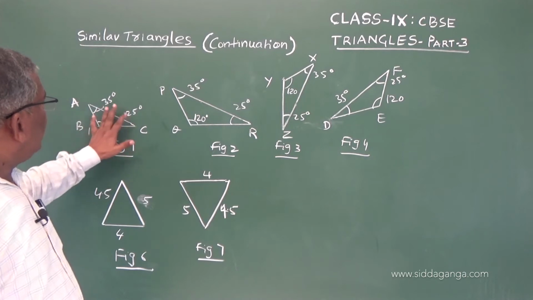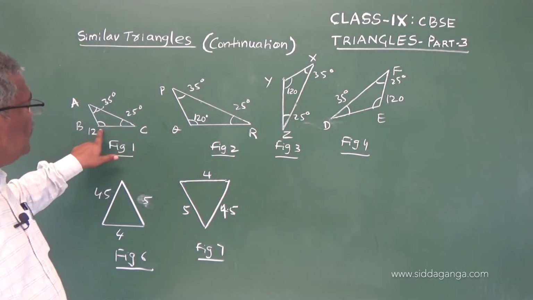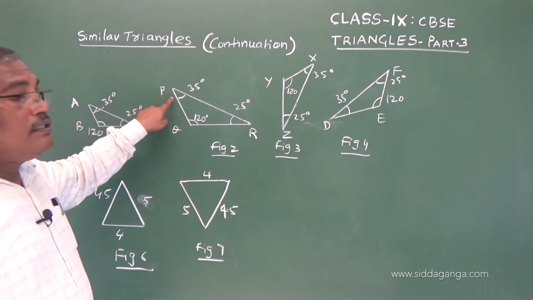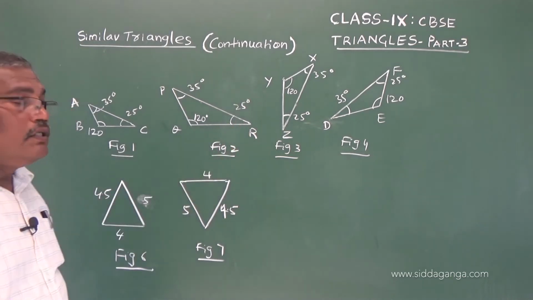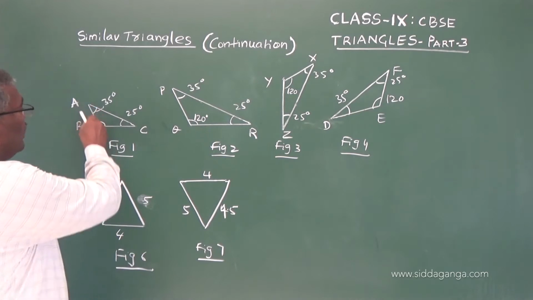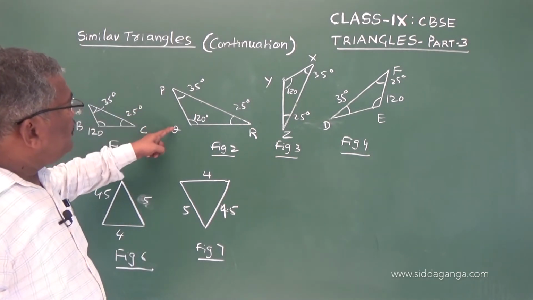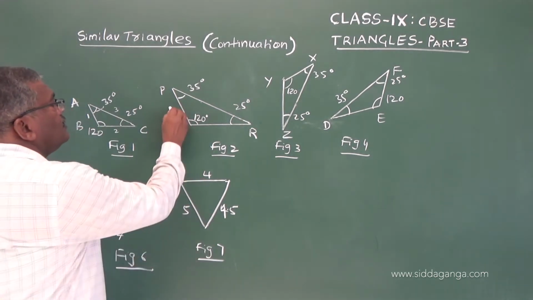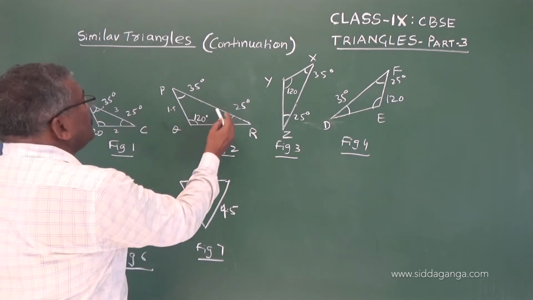These three angles are equal to the three angles in PQR: angle Q is 120 degrees, angle P is 35 degrees, and angle R is 25 degrees. Here three angles of this triangle are equal to three angles of this triangle, but the length of AB is not equal to PQ, but the ratio of AB by PQ, suppose if this is 1, this is 2, this is 3, then this is 1.5, this is 3 and this is 4.5.